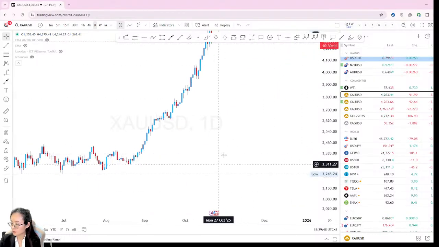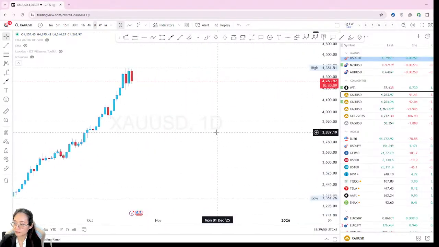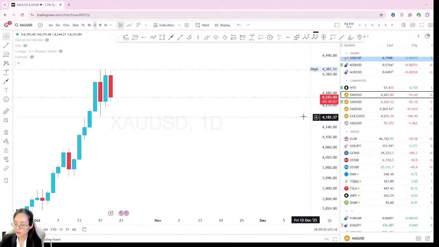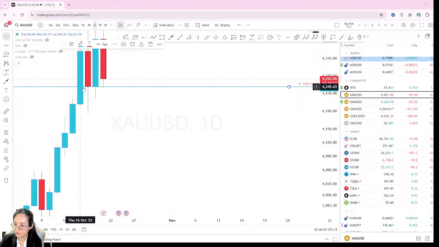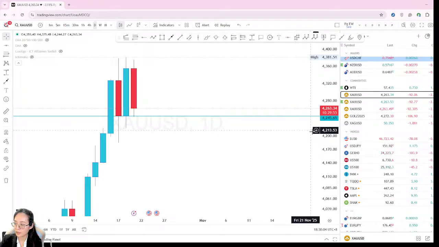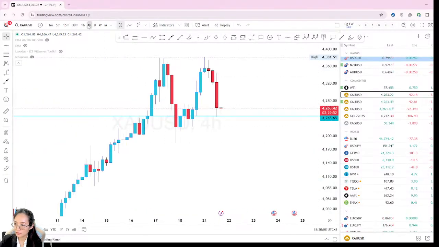Okay, the current gold right now, just now gold was falling. Now there will be someone buying at this level, the opening price of yesterday's candle, buy at 42.45.